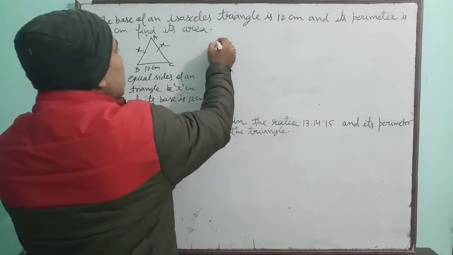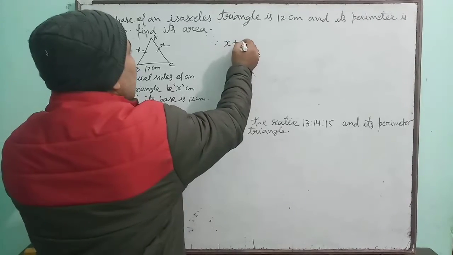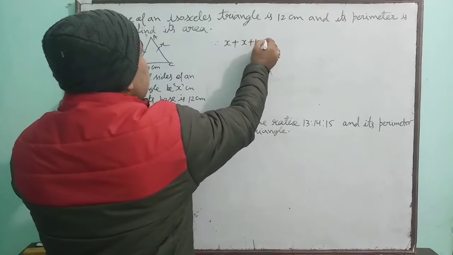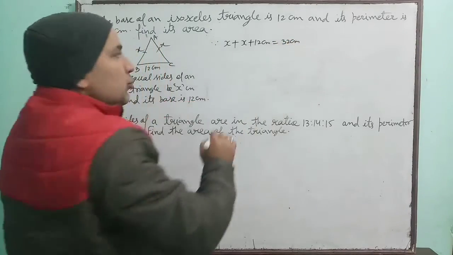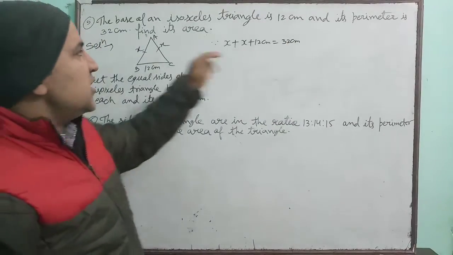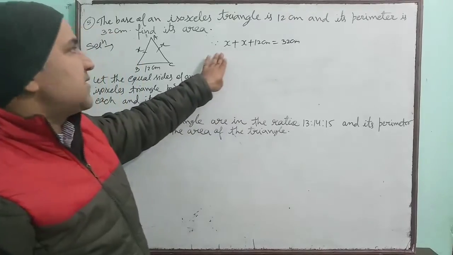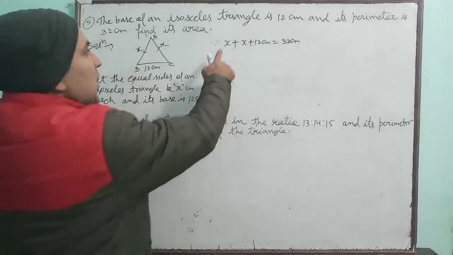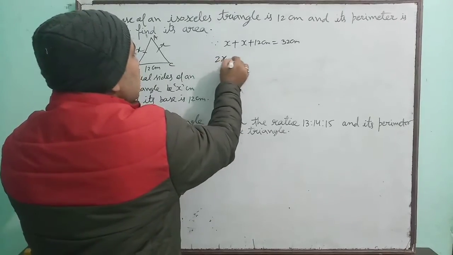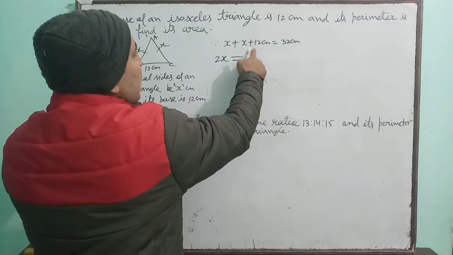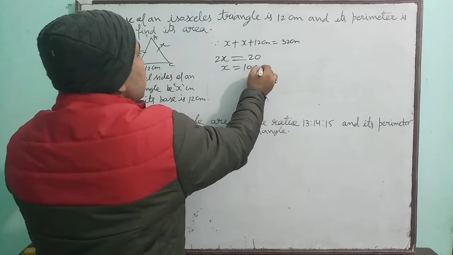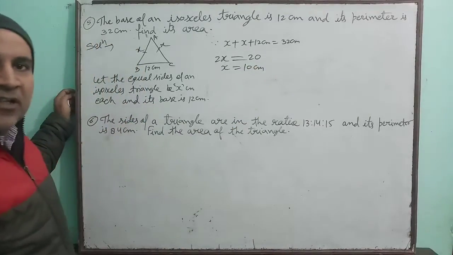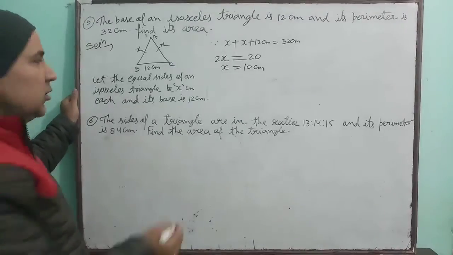Now, according to the question, first side plus second side plus third side is equal to 32 centimeter, because perimeter of the triangle means sum of the sides. So, x plus x is 2x and 32 minus 12 is 20. That means x is equal to 10 centimeter. Understood?